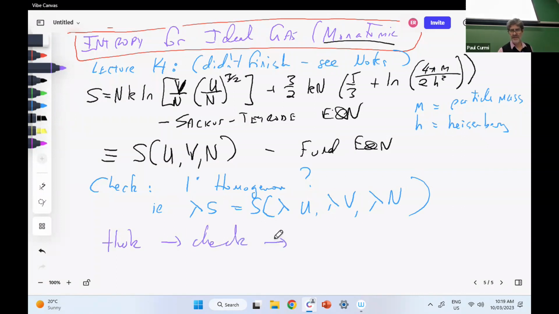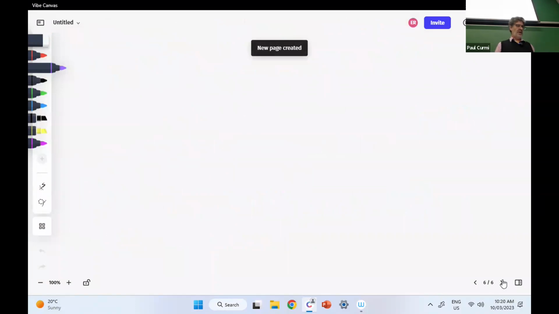If you look at it, every time anything appears in that equation, it's divided by N. So if you multiply V by lambda and N by lambda, they cancel out. So it has that property. Now I want to derive the equations of state.